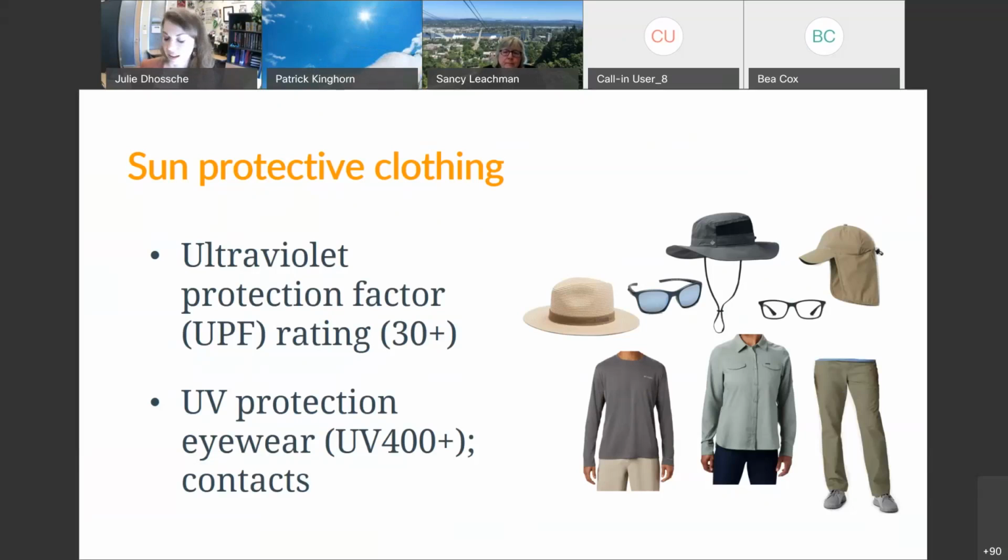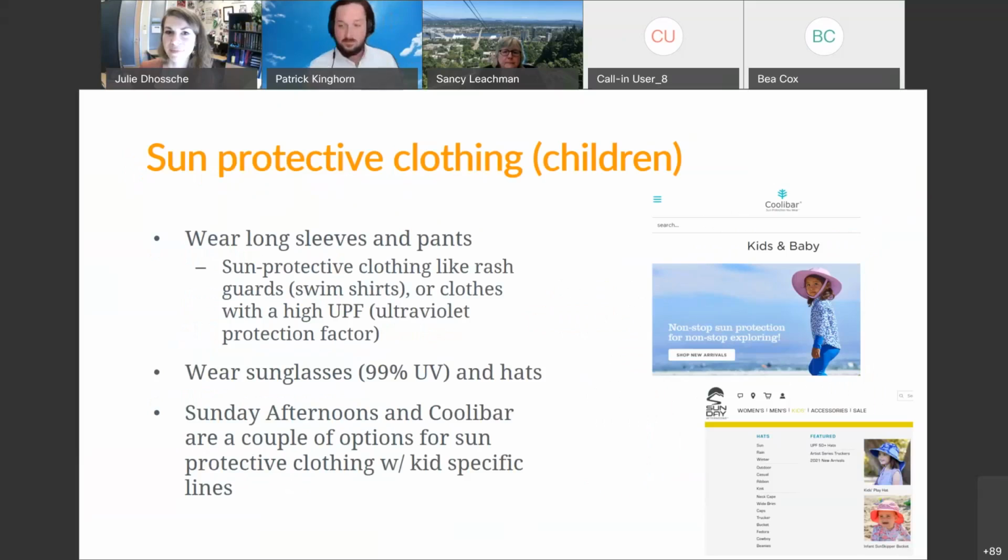And don't forget sunglasses that have UV protection. Same for kids. There are lots of brands that have kids-specific lines. Some examples include Sunday Afternoons and Coolibar. There's also a bunch of sunglasses made specifically for kids, which can be nice as well.